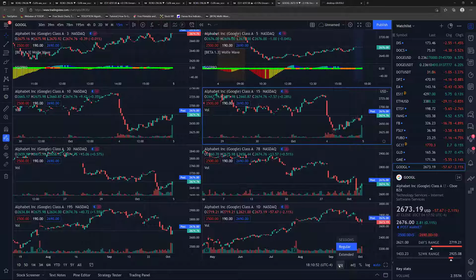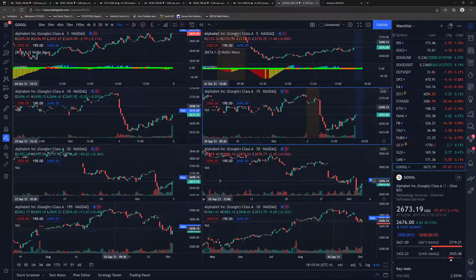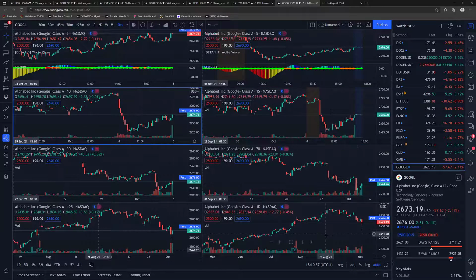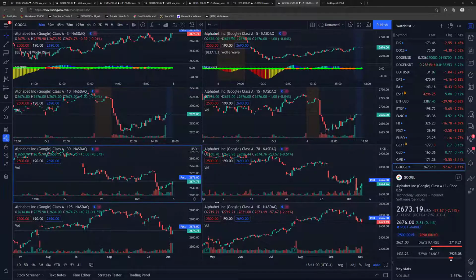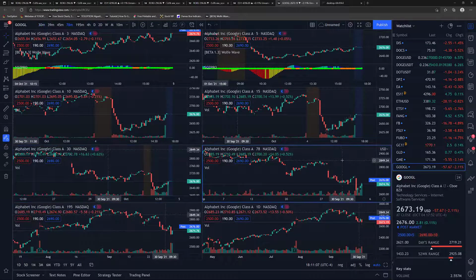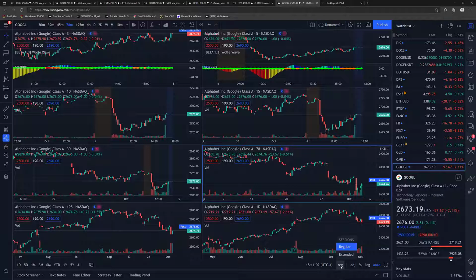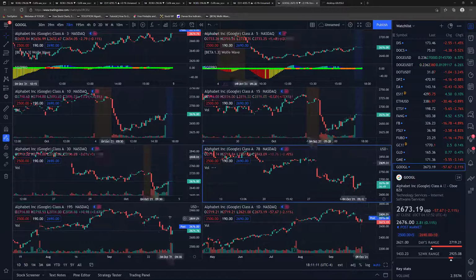The reason why we use extended is because we want all the data points to be considered in the Wolfe Wave analysis. Some people like to have them removed, so you can make another workspace specifically for the extended hours removed.